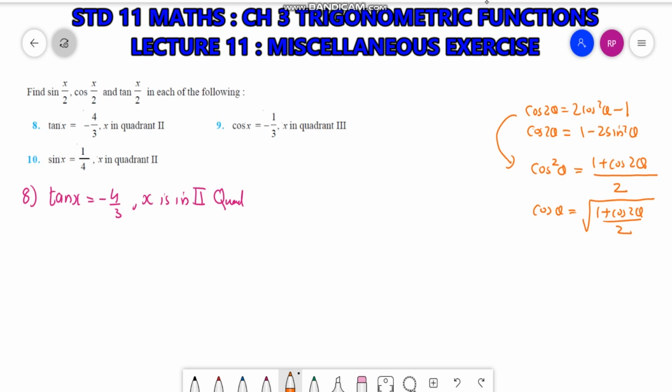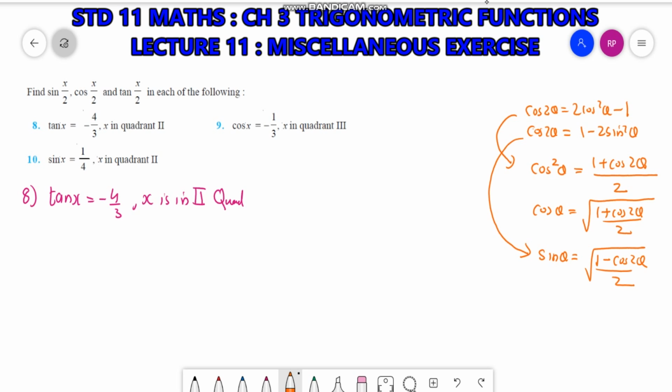So cos theta equal to square root of (1 plus cos 2 theta) by 2. Similarly, when I solve this, I will get sin theta equal to square root of (1 minus cos 2 theta) by 2.